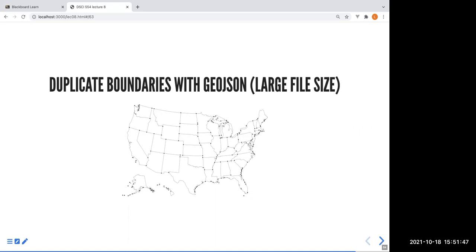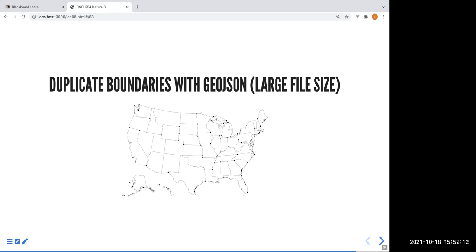Now, the one problem that comes up with describing boundaries with GeoJSON is that you end up with very large file sizes. The reason is that for each feature, for instance for the United States, for each state, I would define one feature that is the boundary of the state.